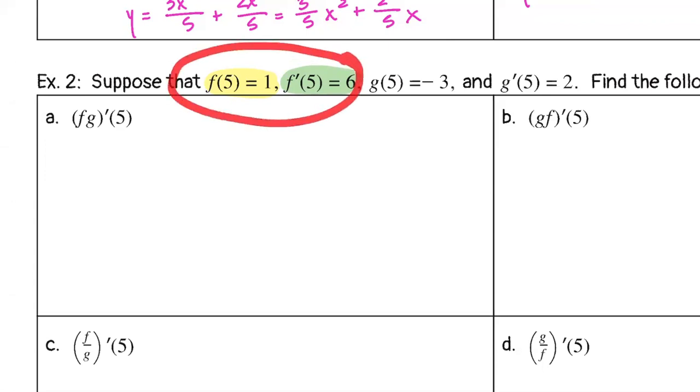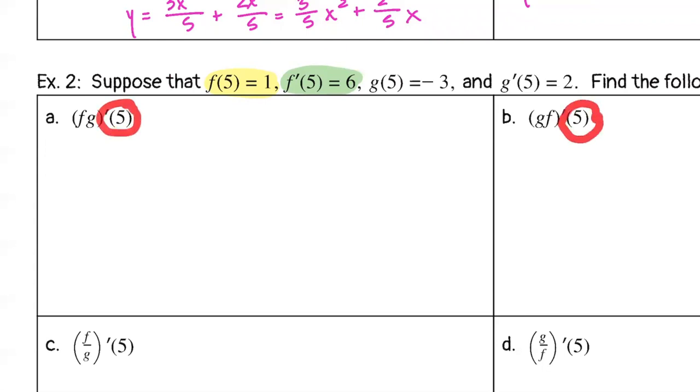This is literally information about one point on the entire curve. They don't tell you about any other point on there. However, if you look at all the questions that we're going to be looking at, they all deal with when x equals 5. So it's okay that we don't have information about the other points, because it turns out we don't really care about those other points in this particular question.